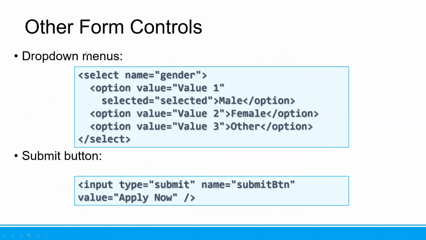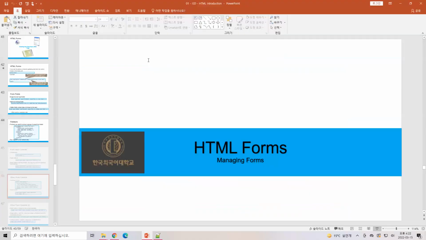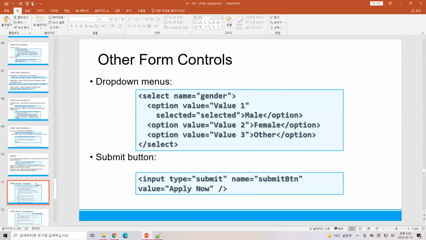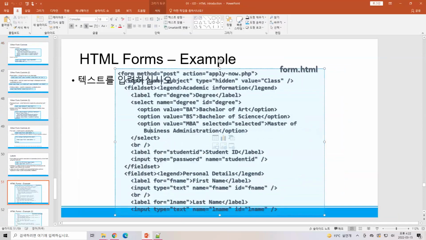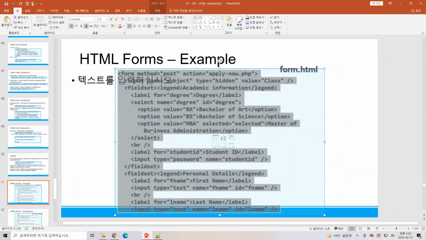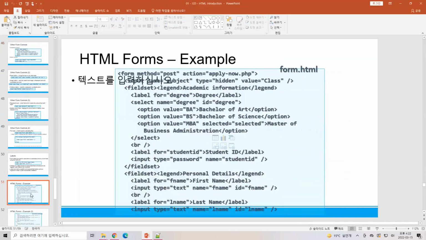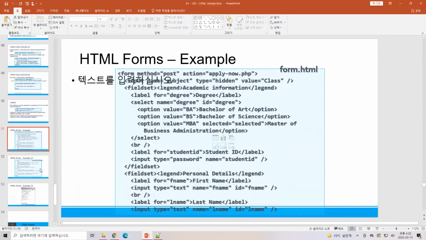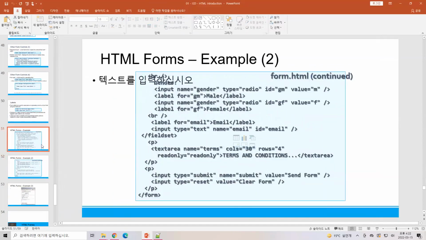We have drop-down menus. The drop-down menu is a kind of selection. Maybe I can show these examples before I explain the details. Let's copy and paste this one. On page 51, you can see there's one file, and it is 2 pages.